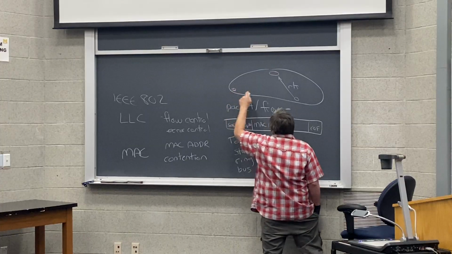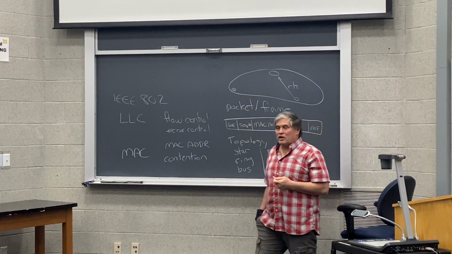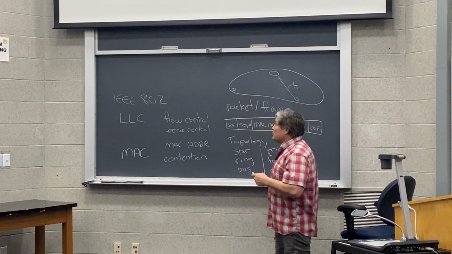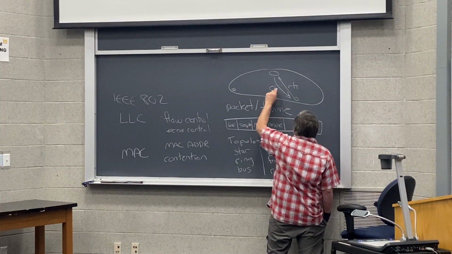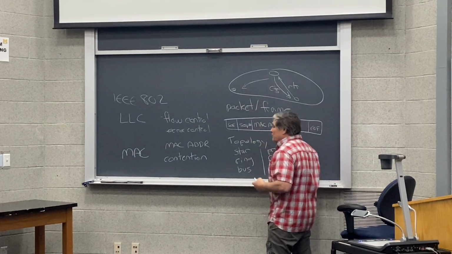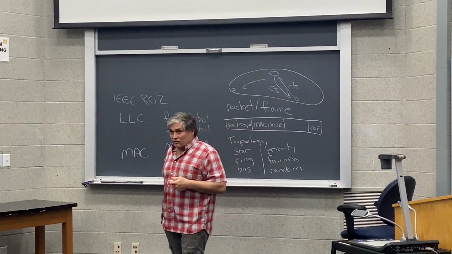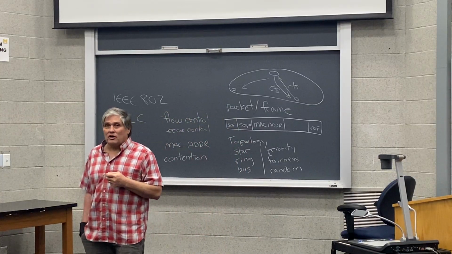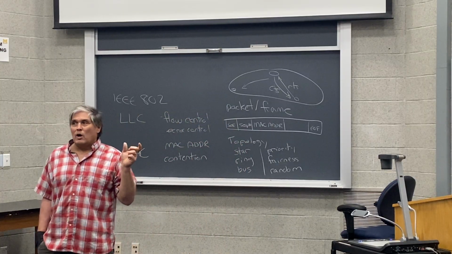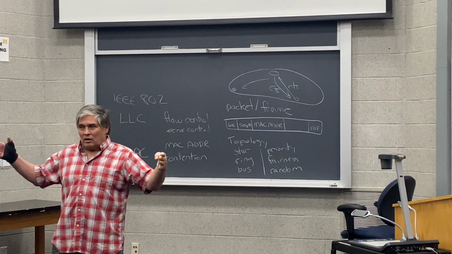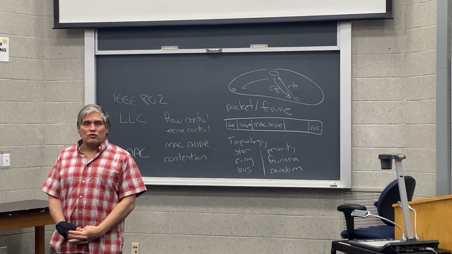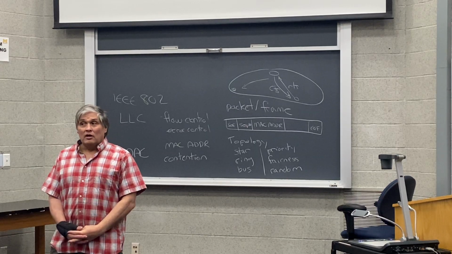Maybe this person over here didn't hear your RTS and doesn't know that they have to stop. But when the CTS goes out, that person will hear the clear to send. So there's a handshake, a request to send and a clear to send. Those are small packets. And then after that, there's a block time for your frame. You get to send your packet without interruption and without collisions.